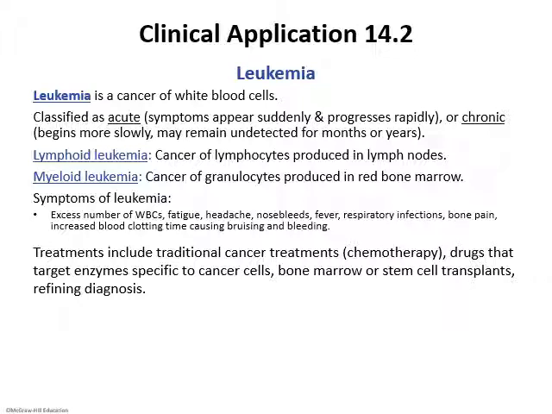On the other hand, myeloid leukemia is going to do the opposite. It's going to make it so that the bone marrow cannot create enough of the lymphocytes or your T cells and B cells. Treatments, chemotherapy, now they're getting different drugs that can target the enzymes that are specific to cancer cells.